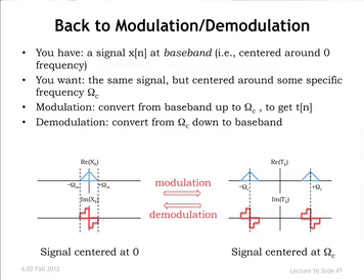All right, so just to review where we are, we've got some signal x of n at baseband. Baseband just means that its frequency content is centered around 0. You've not done any modulation or shifting yet.